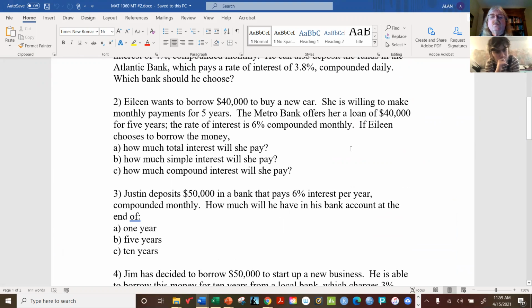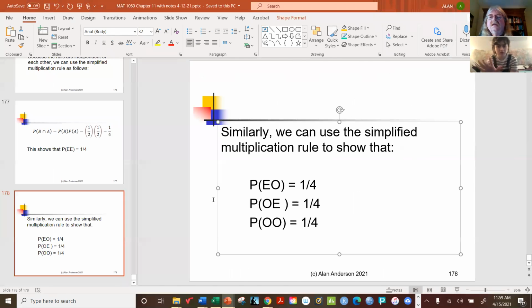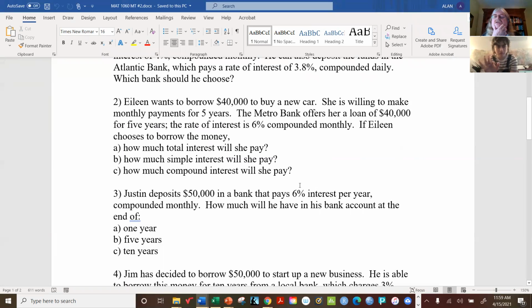This is one of those cases where it's compounded monthly. So you need to calculate the future value of the sum using that formula with A in it. Remember? Yeah, A equals P times (1 plus r over n) to the nt. That one, yes, exactly. Once you have that part figured out, you can figure out how much interest she paid.